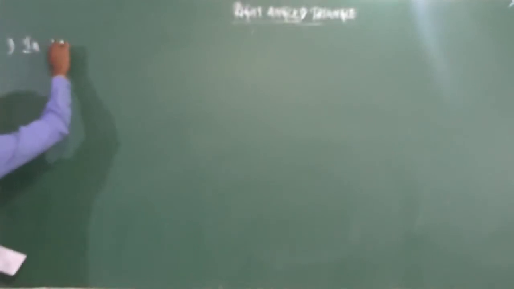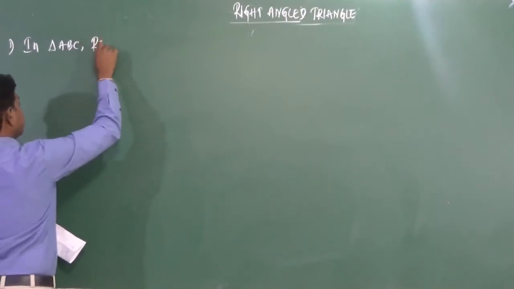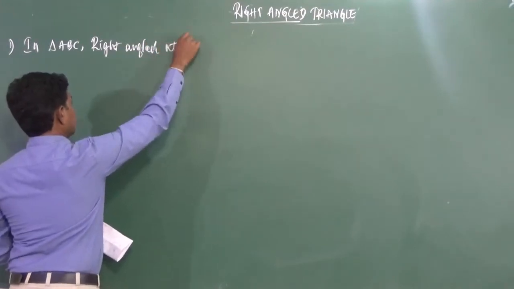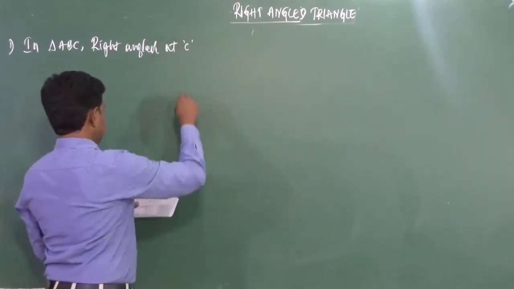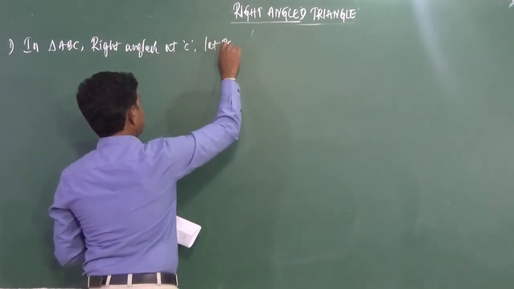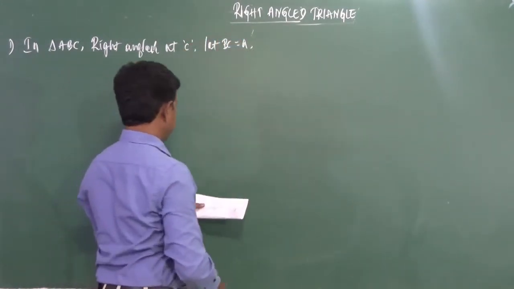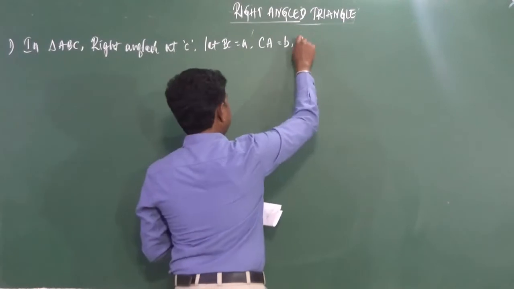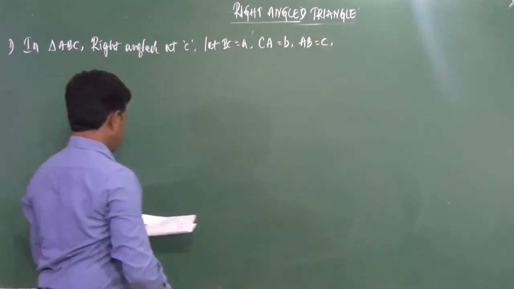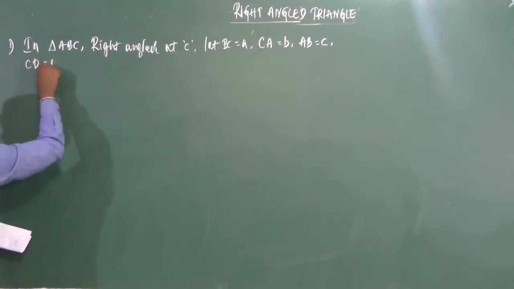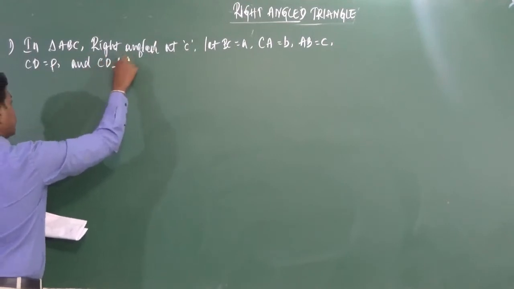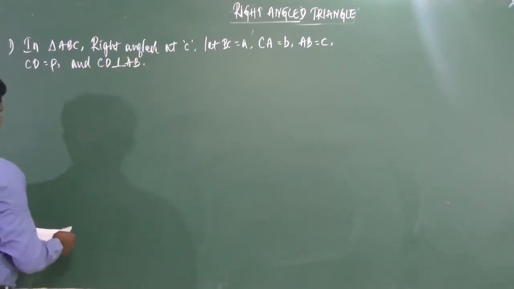In triangle ABC, very important, right angled at C, let BC is equal to a, which is the side BC represented by small letter a, CA is equal to b, and AB is equal to c, CD is equal to p, and CD perpendicular to AB.